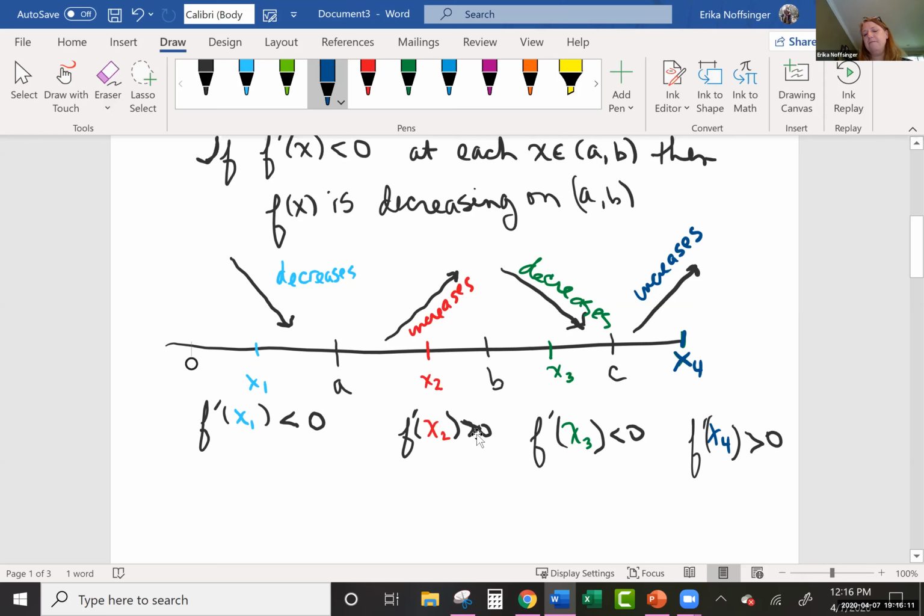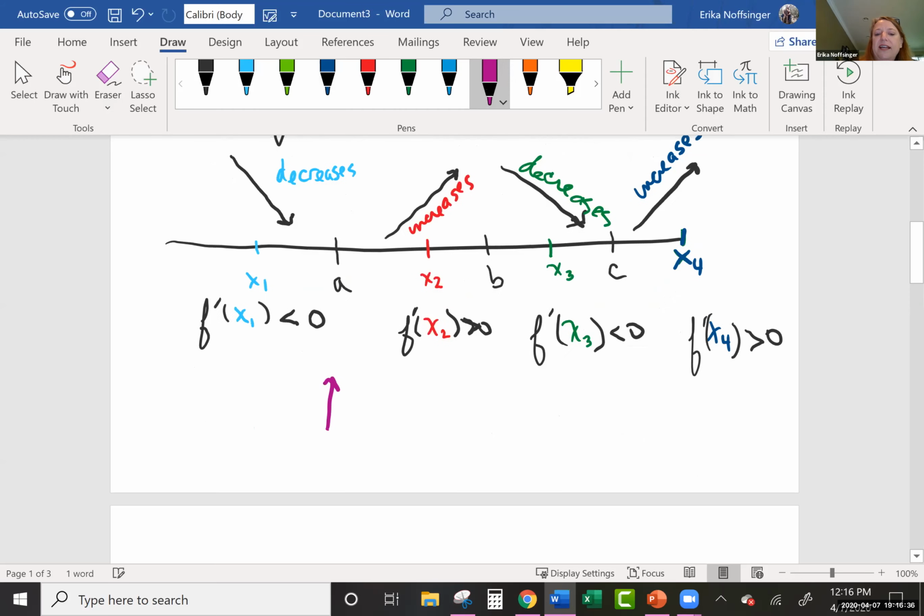And so if we can find out where our function is increasing and decreasing, we can also find other important parts. So notice on our graph, if I had something that was decreasing and then changes direction to increasing, what type of point could be occurring at x equals A?